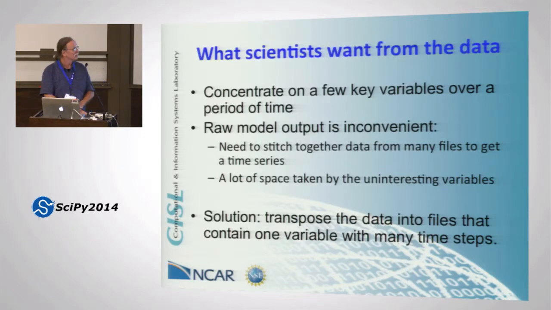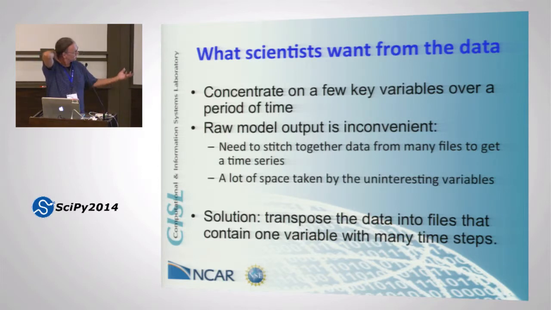The reason for converting to time slice is that it's much easier for a scientist to use. The raw model output is very inconvenient because you have to paste things together, and you aren't interested in all the variables that are in the data files.